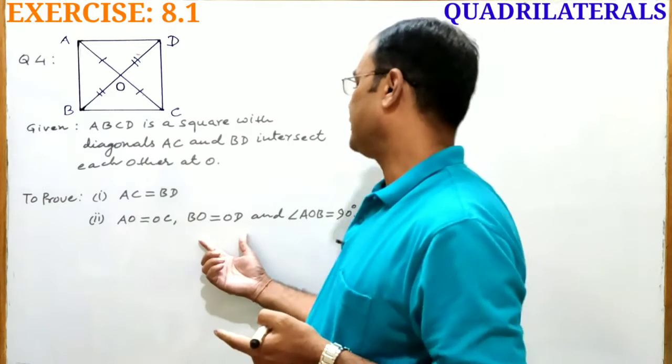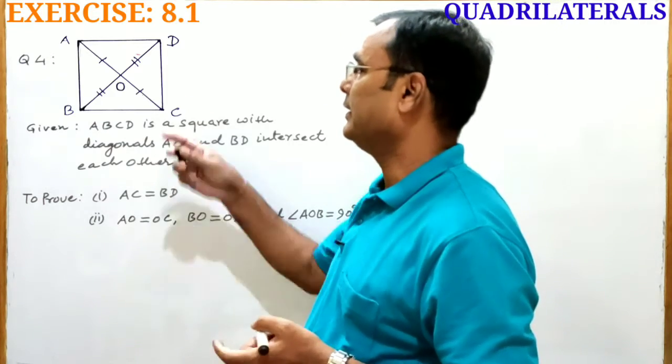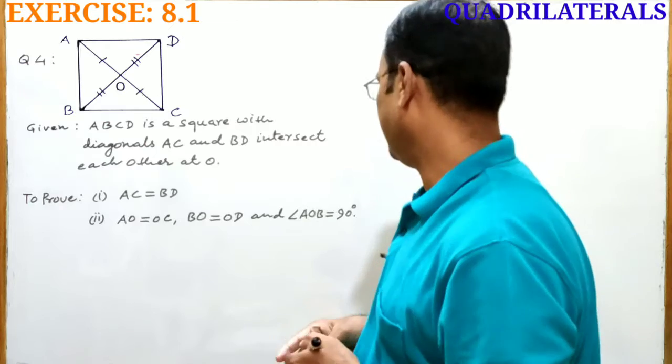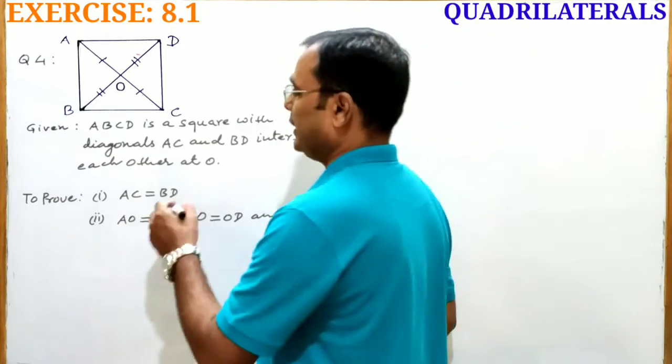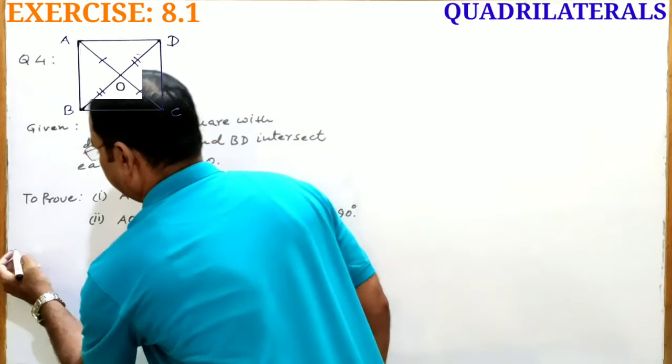That means diagonals bisect each other at right angle. This is what we have to prove. So let's start the proof.